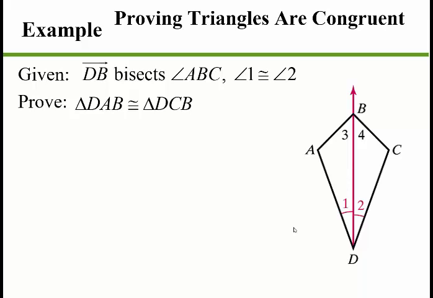All right, so let's do a proof here. Let's talk about proving triangles are congruent. I've got this shape here, and ray DB bisects angle ABC, so it bisects this angle, and angle 1 is congruent to angle 2. I want to prove that triangle DAB, this triangle, is congruent to triangle DCB, this triangle.